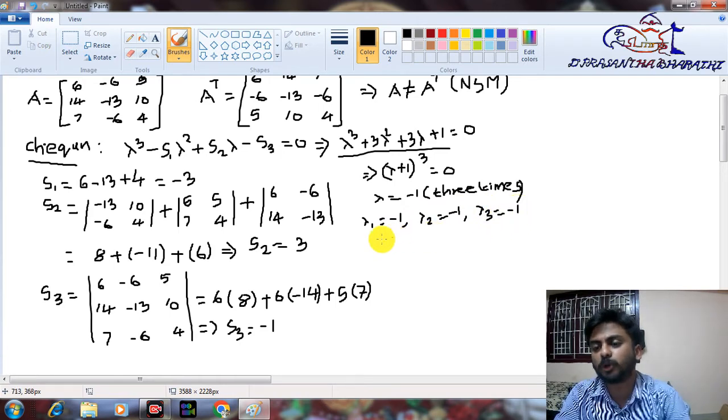Since all three eigenvalues are equal, that is, one eigenvalue repeated 3 times, this is an example of repeated eigenvalues.